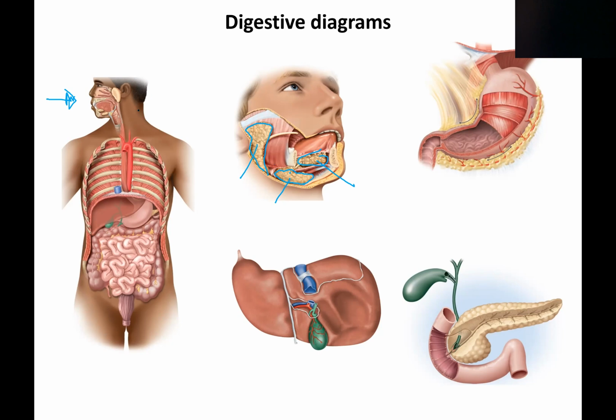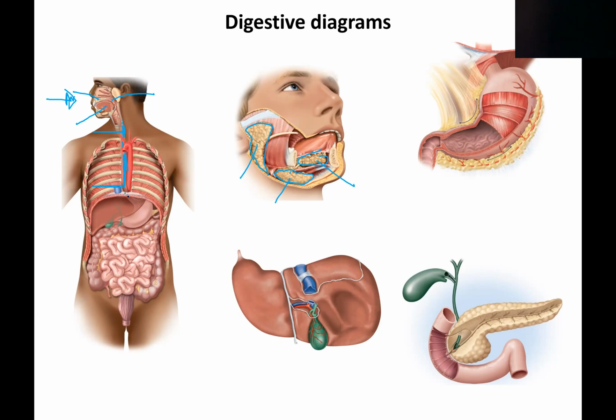If you blow this up, you can see the tongue, the hard palate, and the soft palate. You can see the esophagus goes behind the aorta.